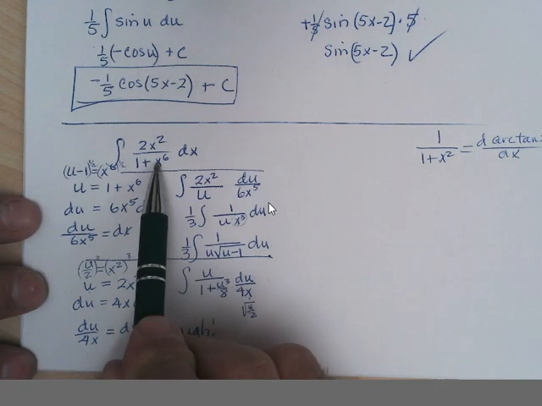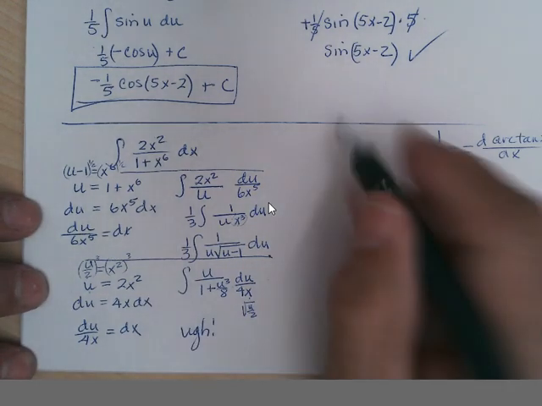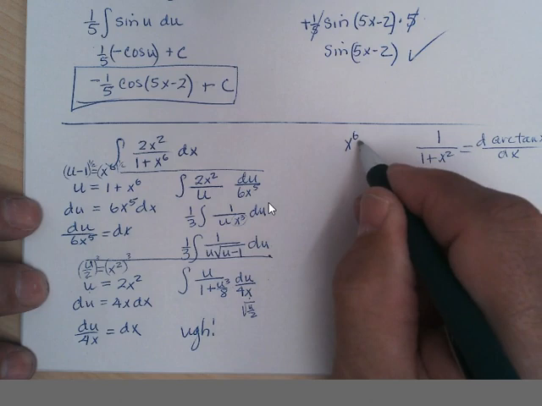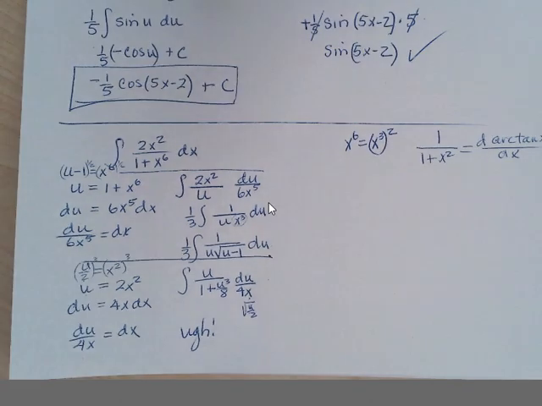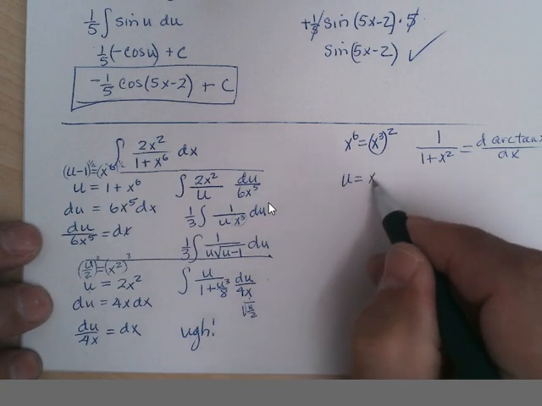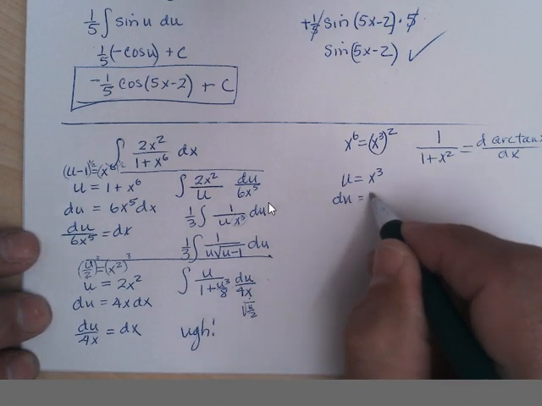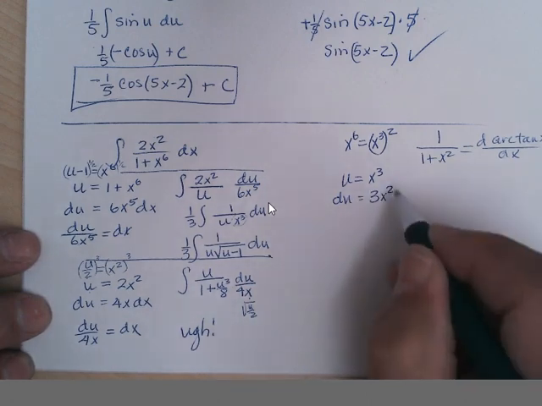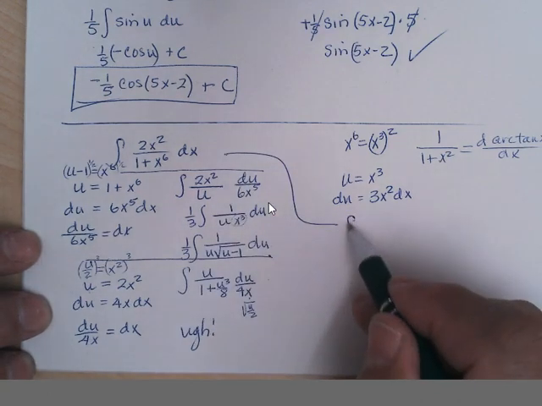What would have to be here for this to be something squared? Well, x to the 6th is x to the 3rd squared. So that means I should probably let u equal x to the 3rd. Therefore, du would be 3x squared dx. And this would become the integral.